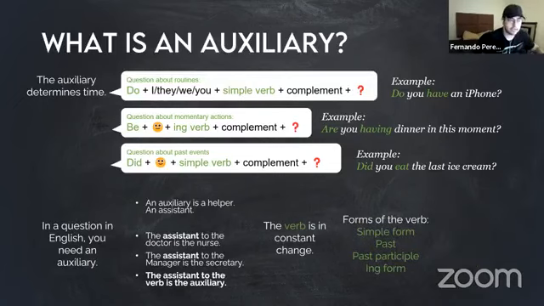So let's place a little heart, because there is a close connection. Where is the heart? Here is the heart. There is a close connection between the verb and the corresponding auxiliary.